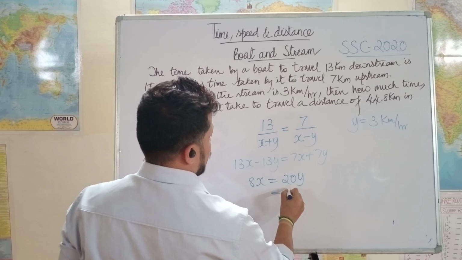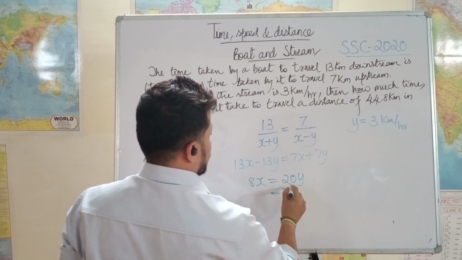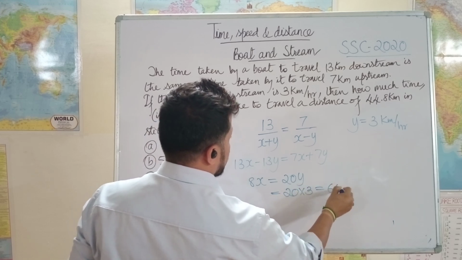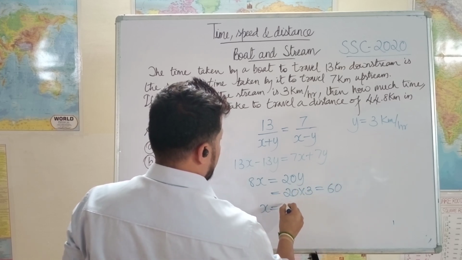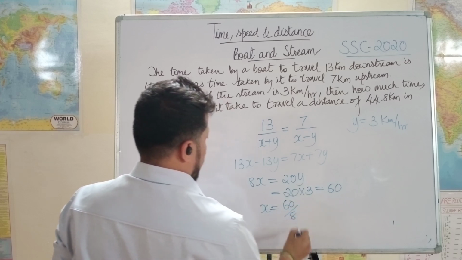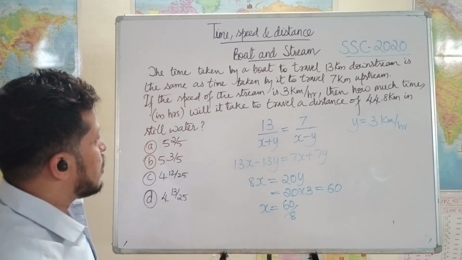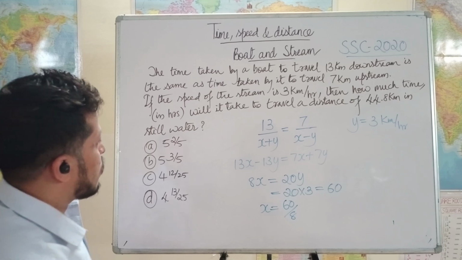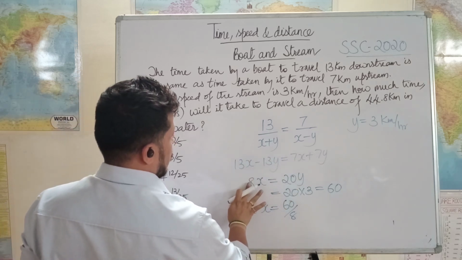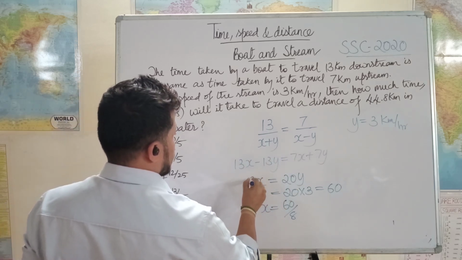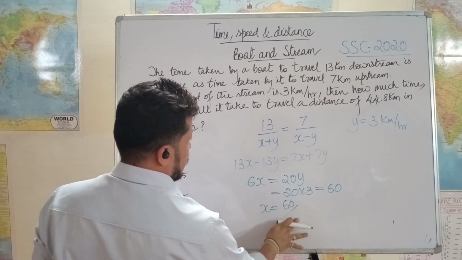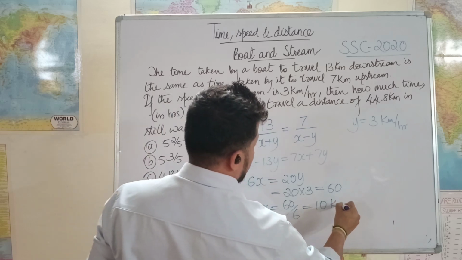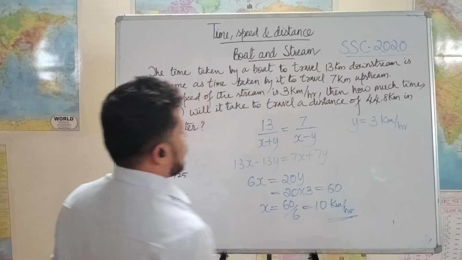That means this is equal to 20 into 3, which is 60. So x is equal to 60 by 6, which is 10 kilometers per hour.